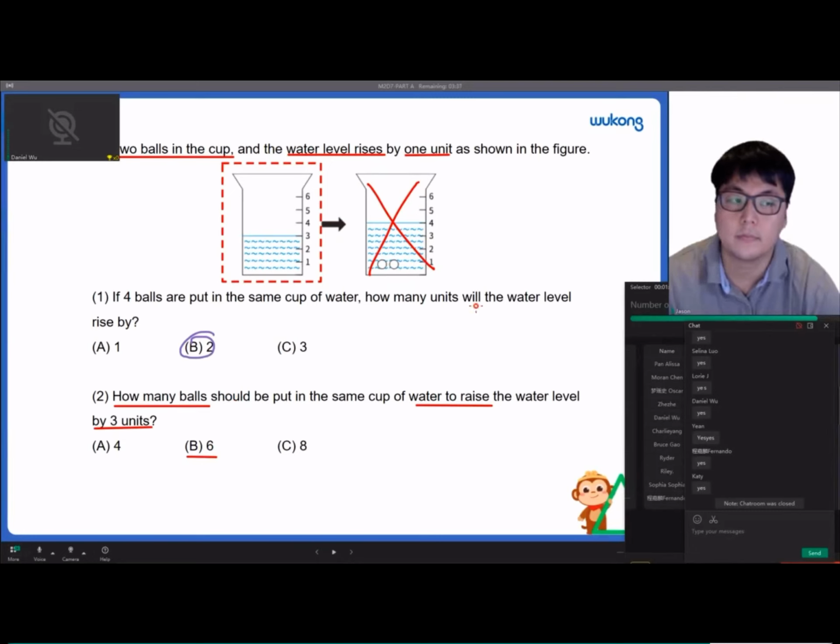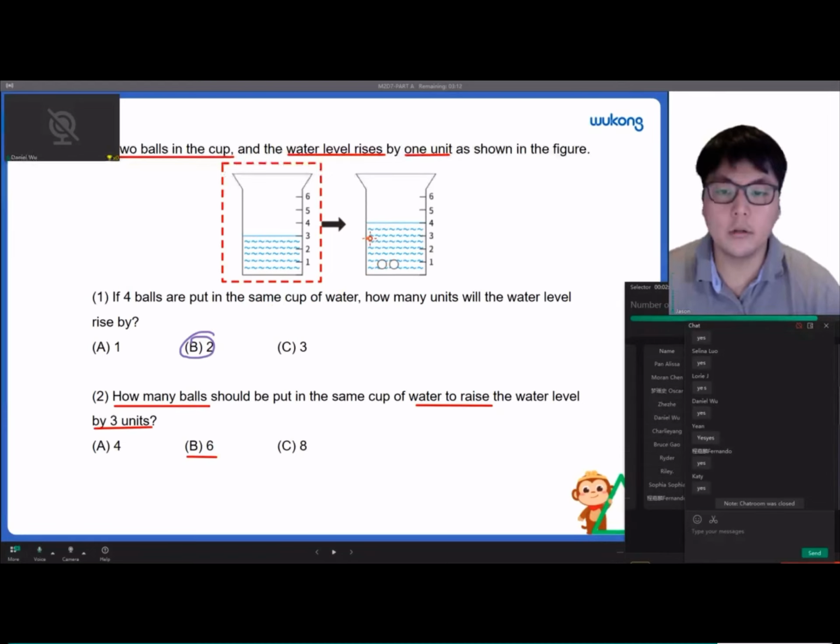Because at the top, I first did the question, if 4 balls are put into the same cup of water, how many units will the water level rise by? And since the answer is 2, I guessed that you needed to add another 2 balls, and that makes 6 balls to be able to rise by 3 units.